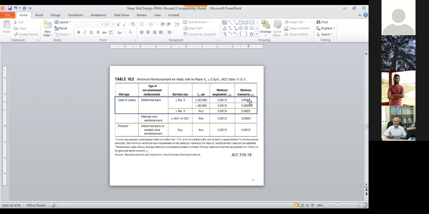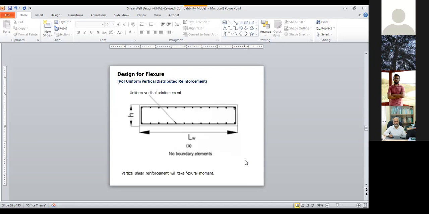Instead of 0.25%, they suggest to use 0.12% or 0.15% also, based on the strength of your reinforcement. That provision I have also found in ACI 318-19. So if the shear force is very small, maybe we can reduce the amount of shear reinforcement to around 0.15%.